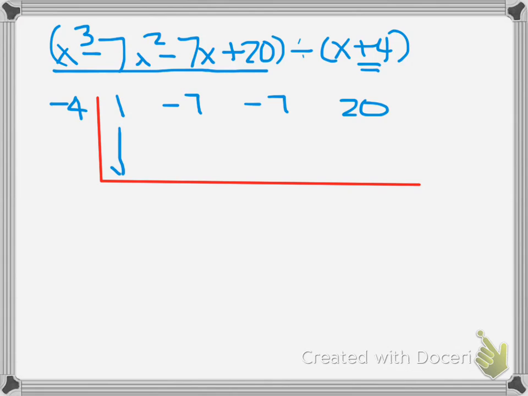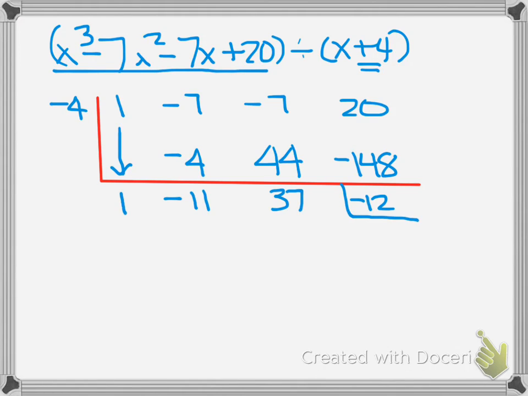So when we start synthetic division, we drop the 1, we multiply, we add the column, we multiply, we add the column, we multiply. You might want a calculator here if you're not too good with your multiplication facts.